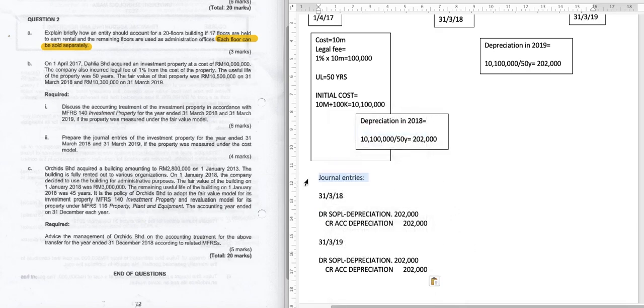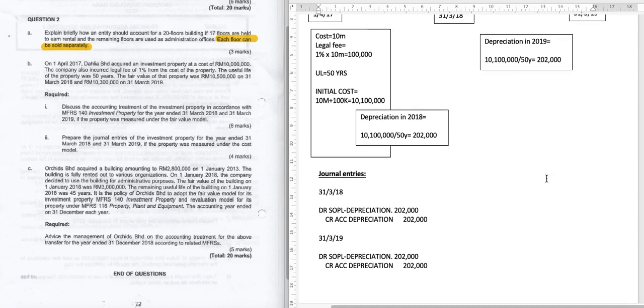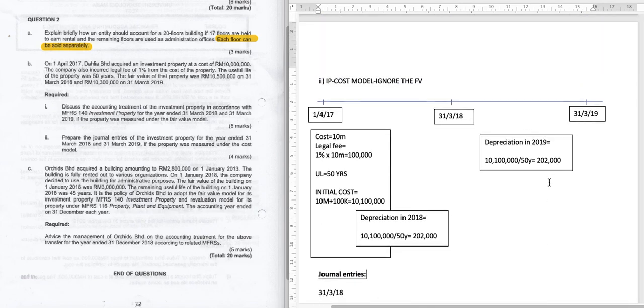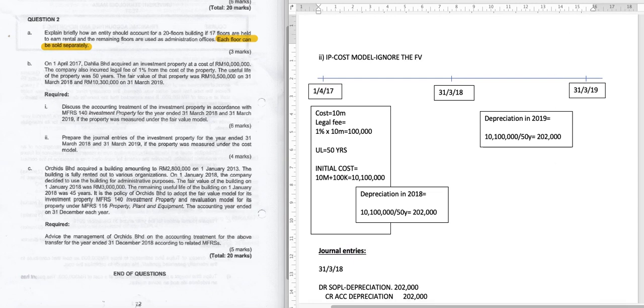Okay, so that's it for the journal entry. Okay, thank you. The part C, I will continue in the next.